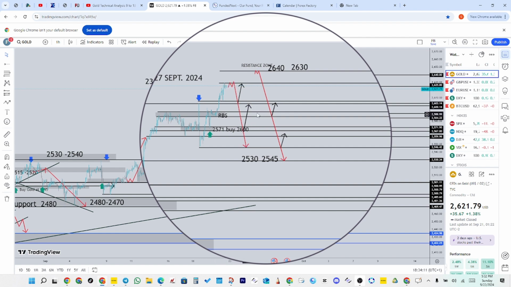As it stands now, we are expecting the market to reverse to 2,600 as the support area. If it breaks below that, then we are looking forward to 2,545, 2,530. So let's take note of that.